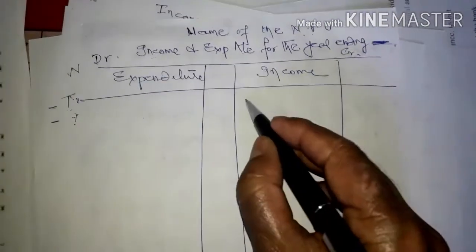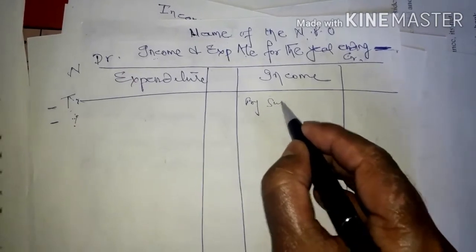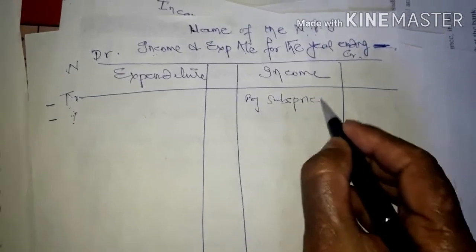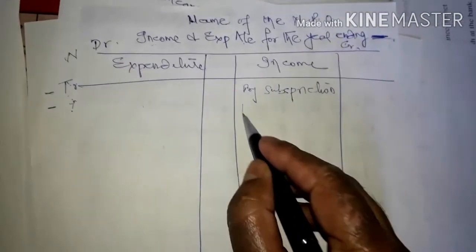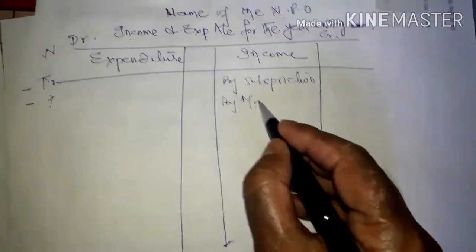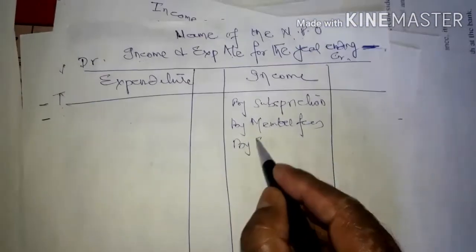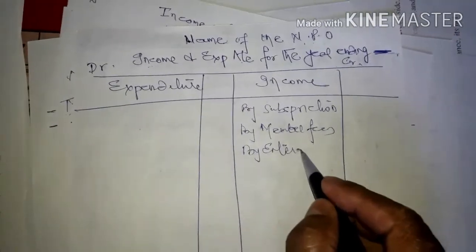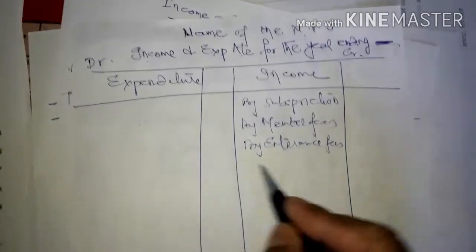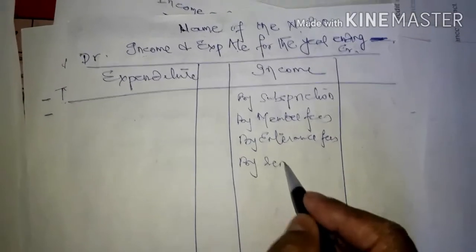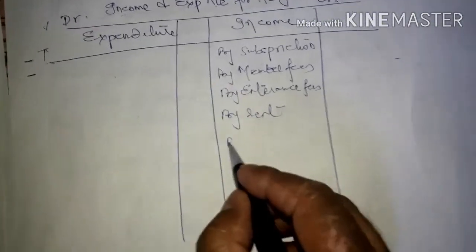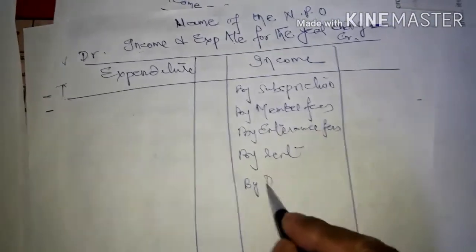The main sources of income of our NPO are subscriptions, membership fees, entrance fees, rent, donations.